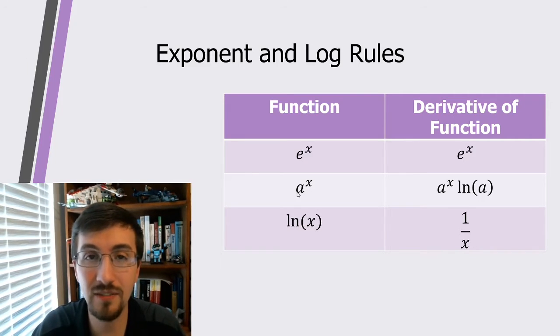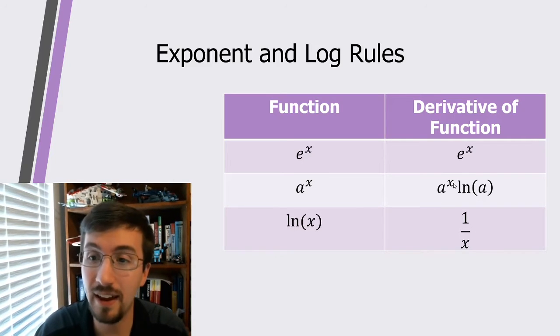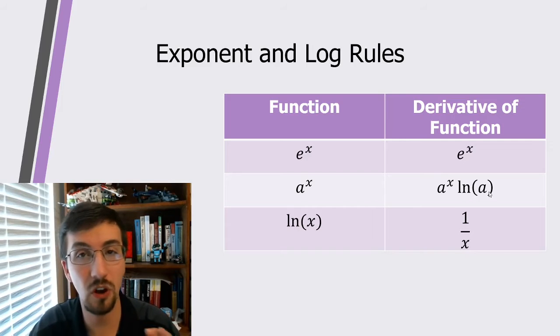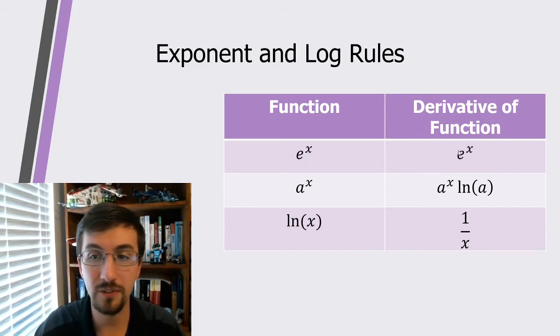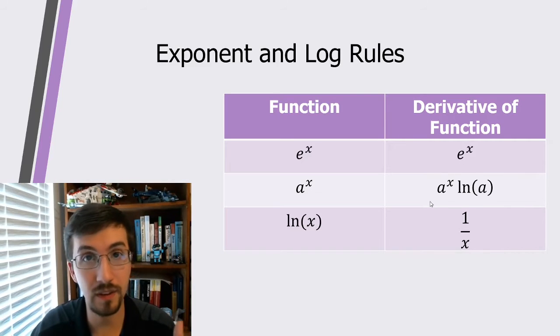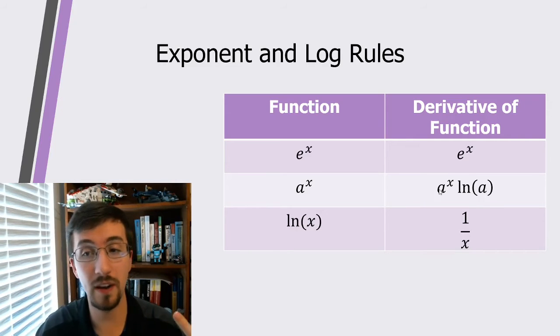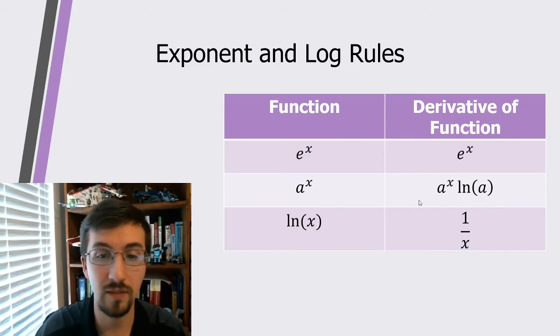If you have a constant value a raised to the x, the derivative of this is a to the x, but then it's multiplied by natural log of a. And interestingly, if you used the transcendental number e as this constant a, you would get e to the x times natural log of e. The natural log of e is just 1, and you get e to the x as we thought.